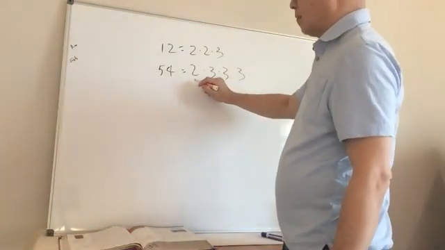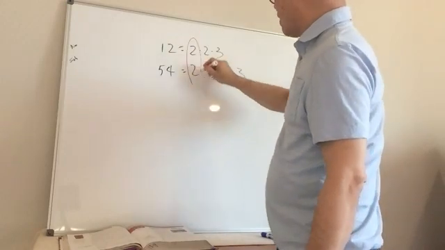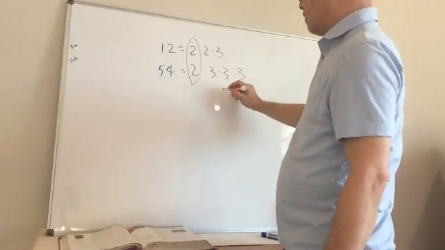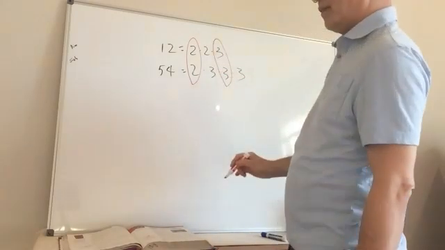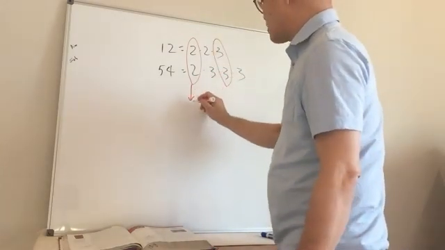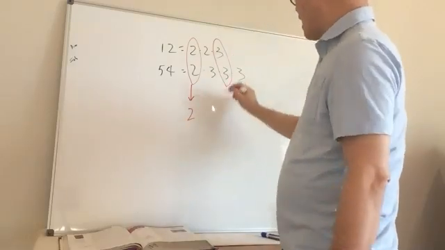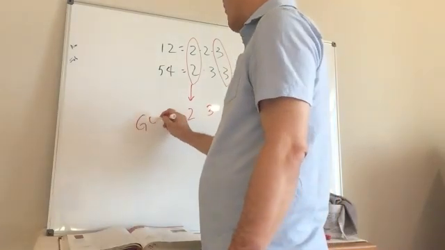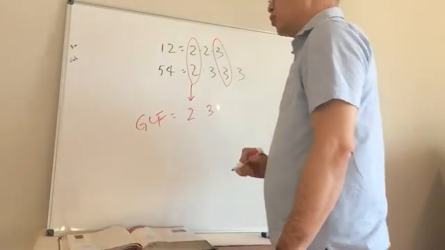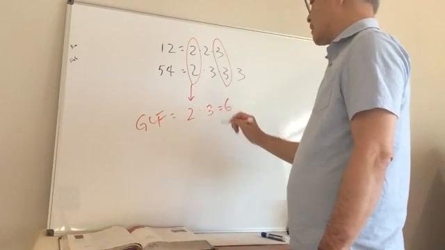So there's the 2, the 2, all right. And then there's the 3, the 3, right? Okay. Yeah. So I'm going to pull these down. So I have a 2, I have a 3. That means that my greatest common factor is going to be 2 times 3, which is 6.